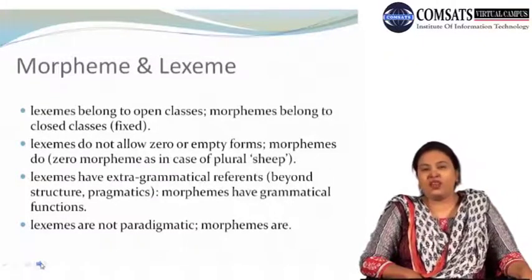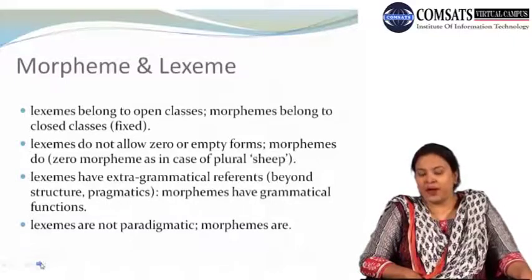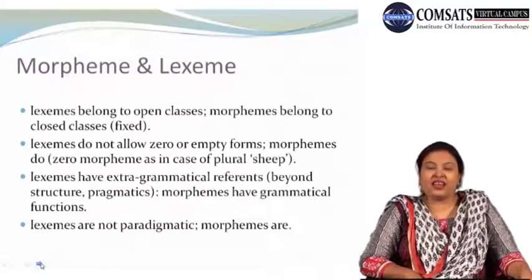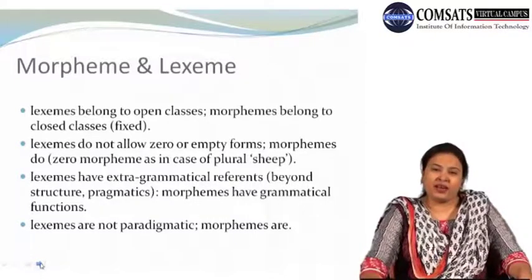So this concept of zero morpheme is found only with respect to morphemes and not in lexemes. Lexemes have extra grammatical reference, meaning beyond structures and beyond pragmatics, but morphemes strictly have grammatical functions. Finally, lexemes are not paradigmatic, but morphemes are paradigmatic.